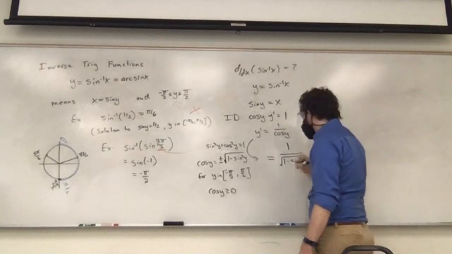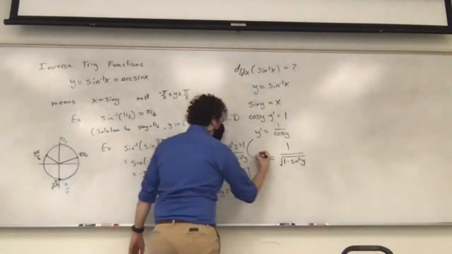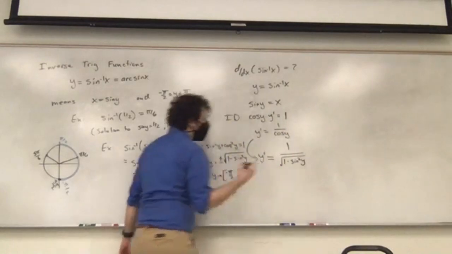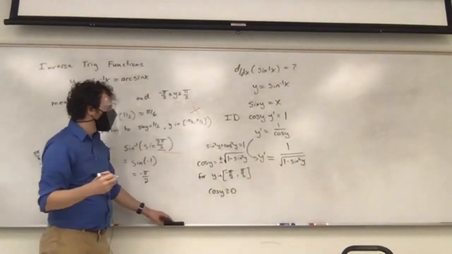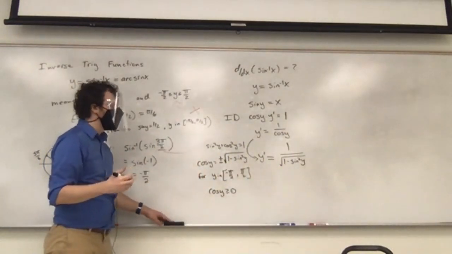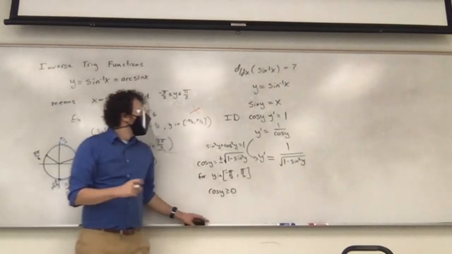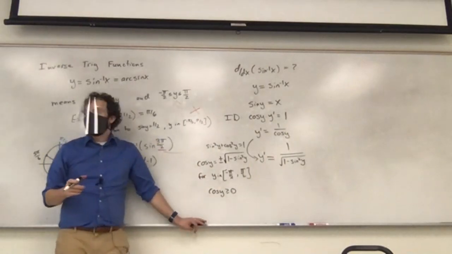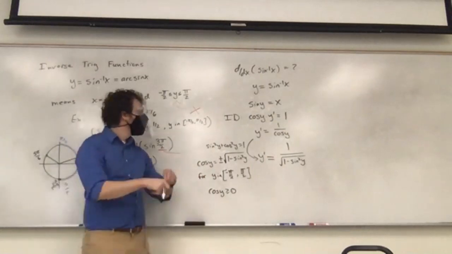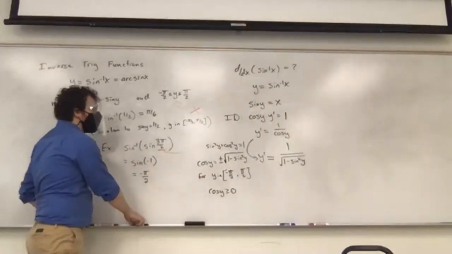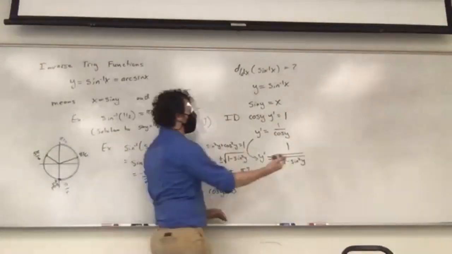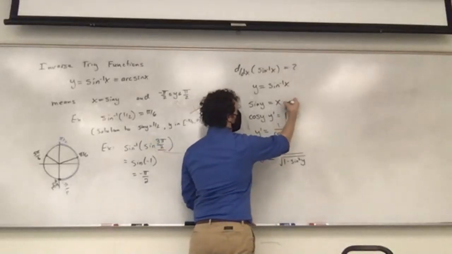So what we get is that y prime is equal to 1 over the square root of 1 minus sine squared of y, which kind of seems like we just made it worse. But we really didn't when we look at this line up here.